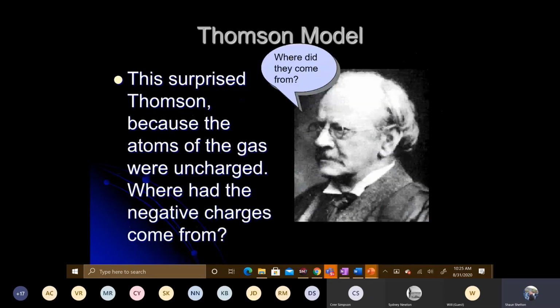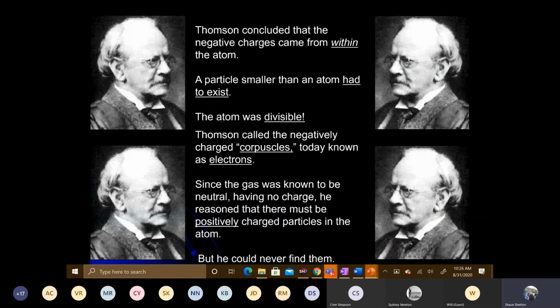All right, so just a couple things here. He concludes that the negative charge came from within the atom. A particle smaller than an atom had to exist. So here's where we have changed from indivisible to divisible. Now we're able to divide the atom into smaller particles.